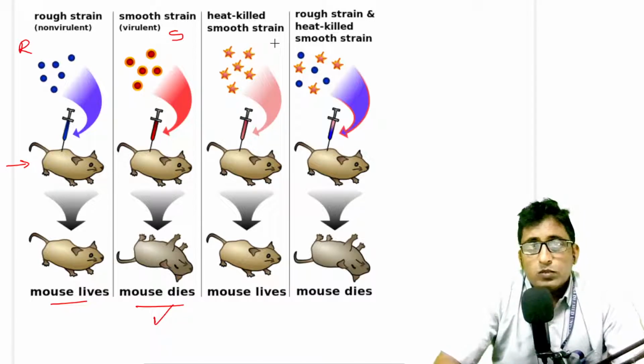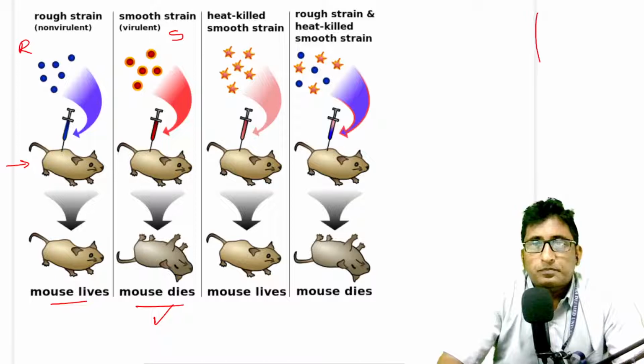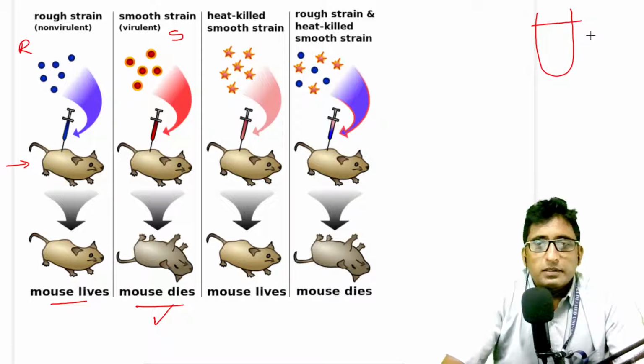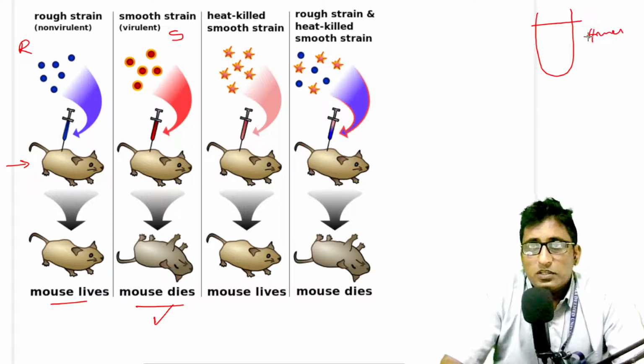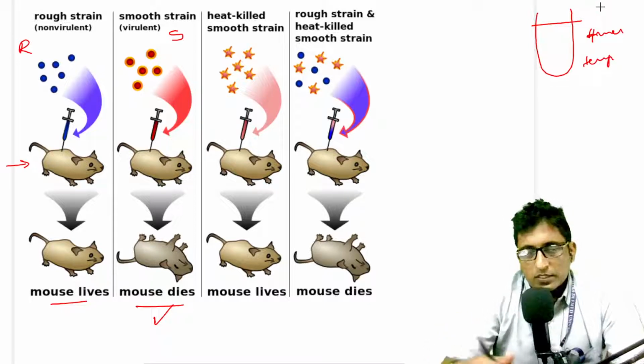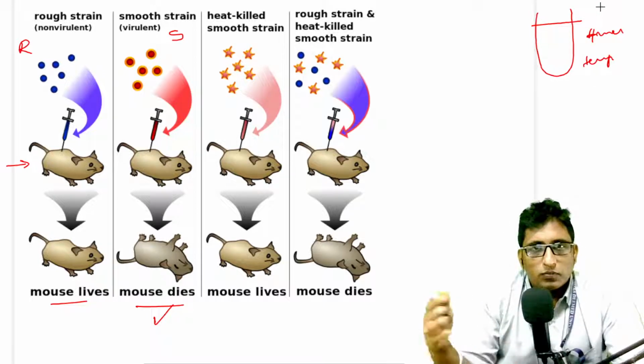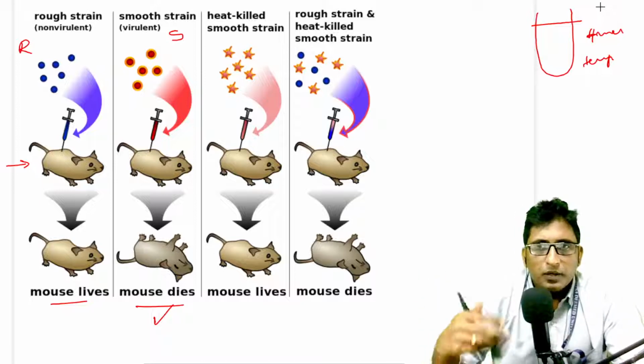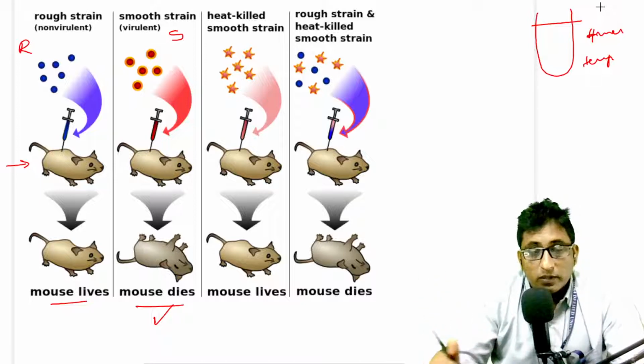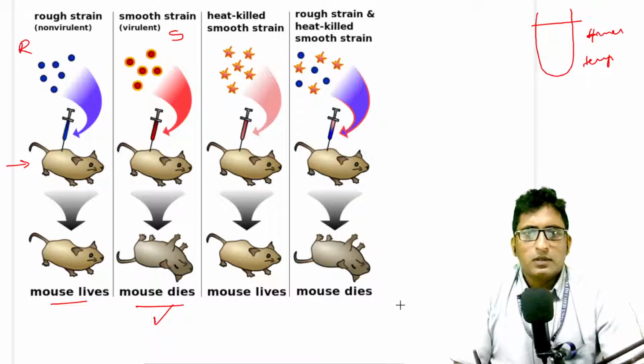And in the next one, he has taken the smooth strain and then boiled it at different time points. The duration is varied, temperature also could have been varied. If you look into the paper, sometimes it's 65 degrees centigrade for 15 minutes or 1 hour, and many other experiments like that were done in the previous paper that I have shown.